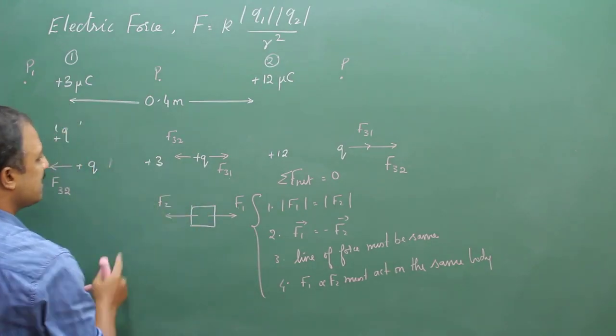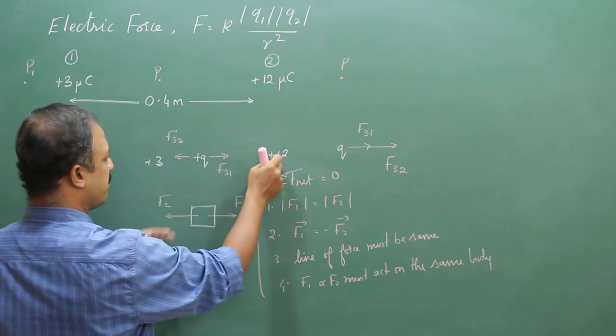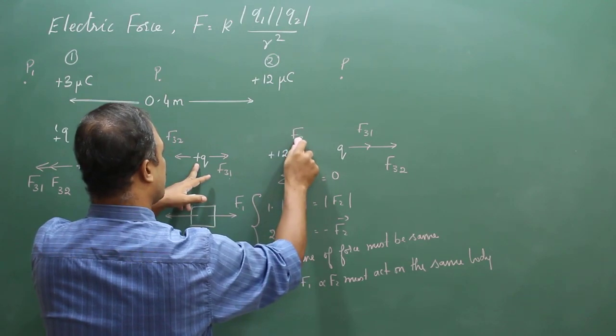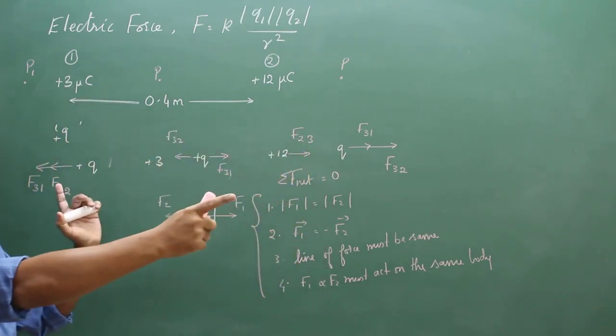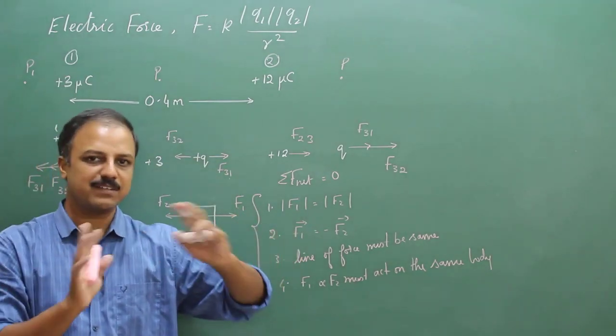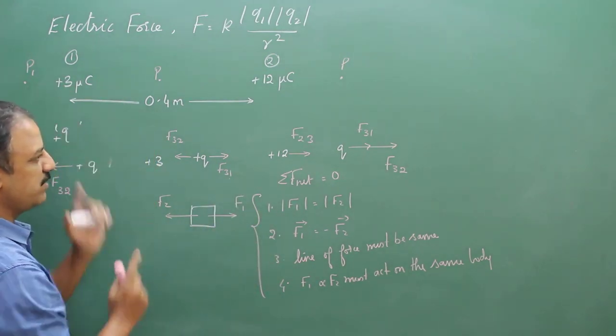But you can understand that F32, which is acting on plus Q, applied by plus 12, and this force F23, now these two are action and reaction pairs. They act on two different bodies. So an action and reaction pair always acts on two different bodies, and they can never cancel out each other. So these are some of the points you need to understand before solving this problem.